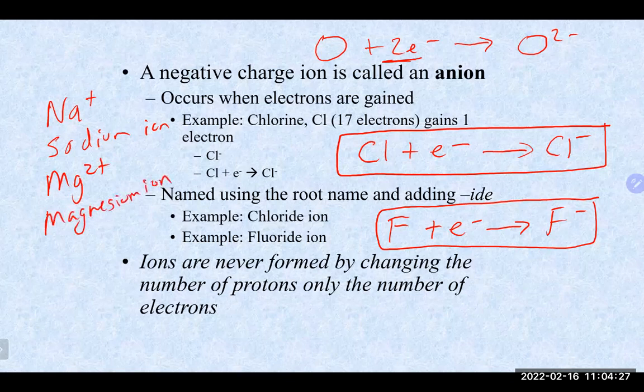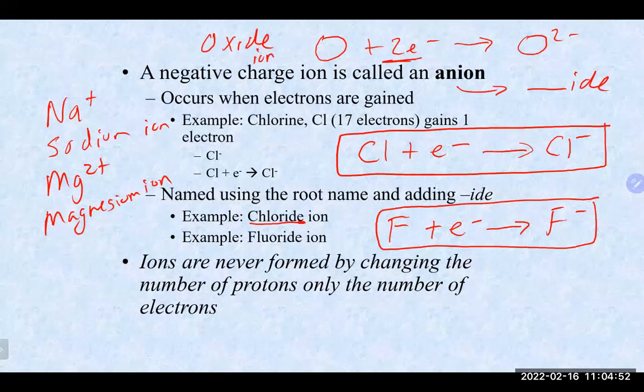Now, when we have negative ions, they're actually named a little bit different. As you can see there in sort of the center, we actually drop the last part of the name. And if it is negatively charged, we add IDE to the end of it. So chlorine becomes chloride ion, fluorine becomes the fluoride ion, and obviously oxygen becomes the oxide ion, IDE.